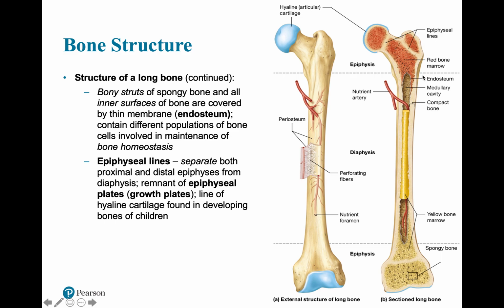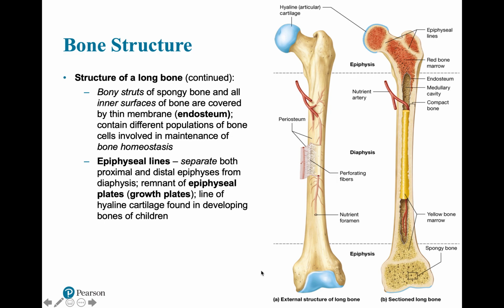Now, lining all of these bony struts of the spongy bone would also be a thin connective tissue membrane called endosteum as well. So the endosteum is a thin connective tissue membrane that lines the inside of a bone, both the medullary cavity as well as the spongy bone.